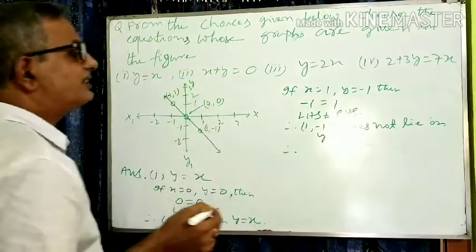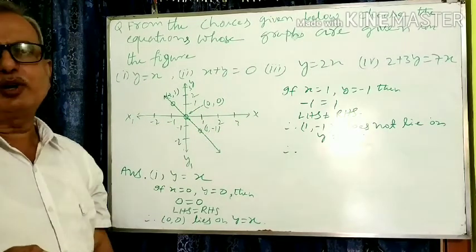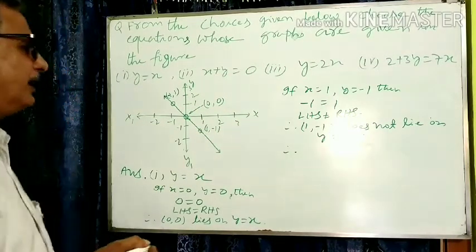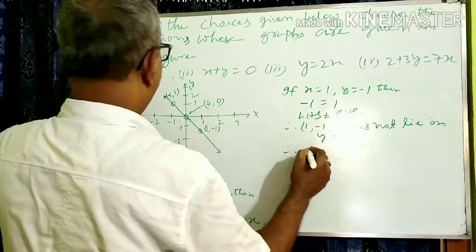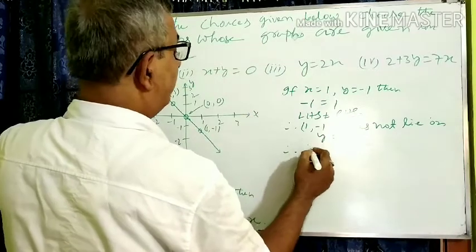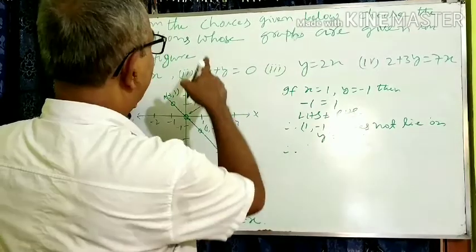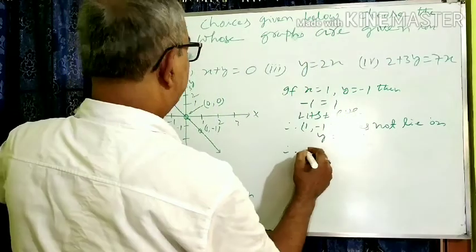But in this case, what happened? One point is lying, but another is not lying. That means what? This is not the equation of this line. Or you can tell, the equation whose graph.